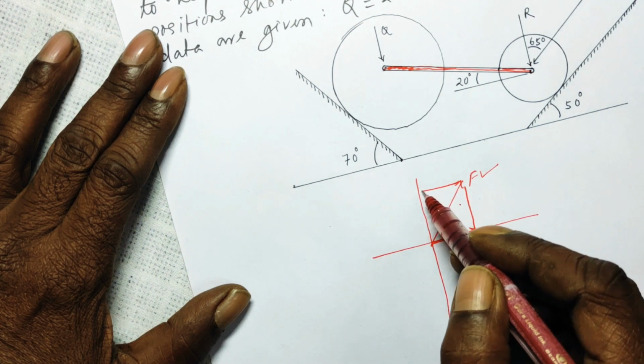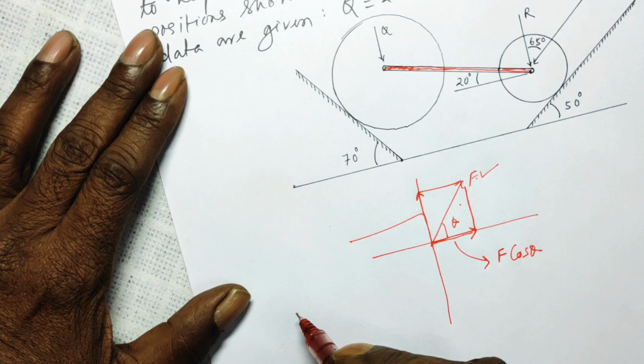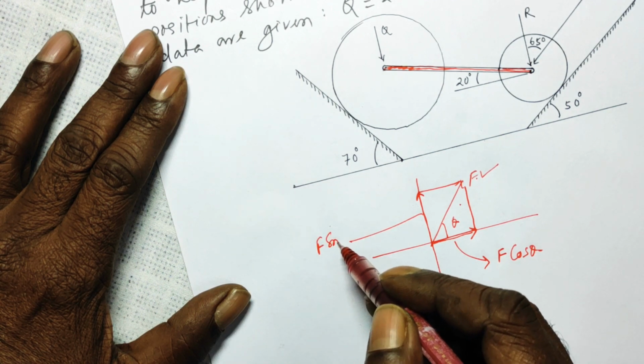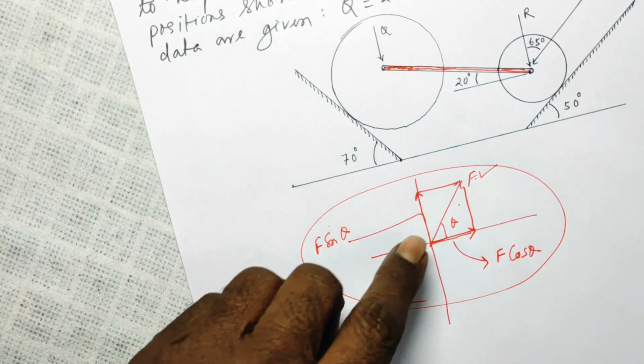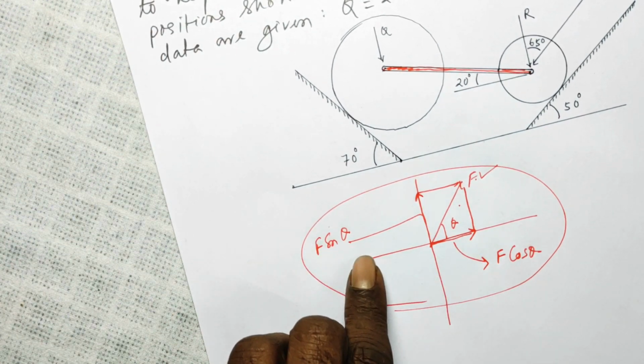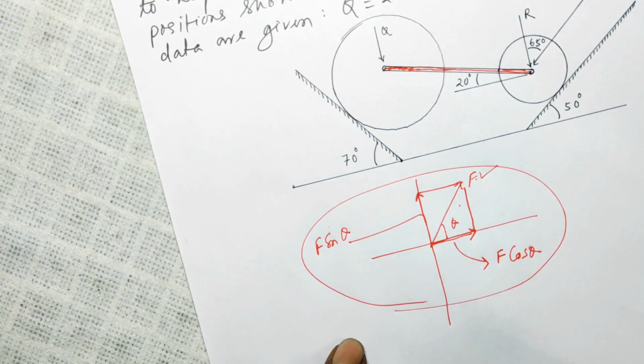And if you drop a perpendicular on y-axis, this component of f comes out to be f sin theta. That's all. Given a vector, you can split it into two rectangular components, f cos theta, f sin theta along two perpendicular axes.